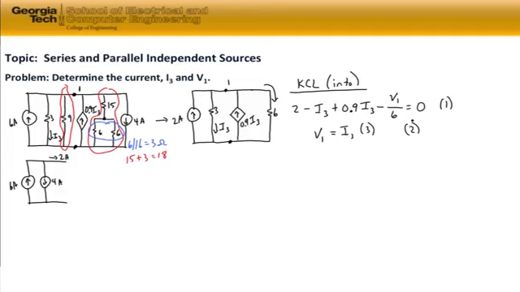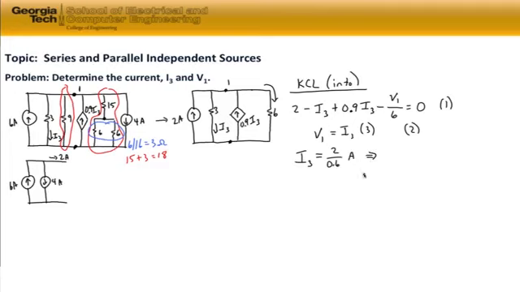Now we have two equations and two unknowns. If we use matrix analysis or elimination of the variables, however you want to solve the circuit, we find I sub 3 is equal to 2 divided by 0.6 amps. Once we know I sub 3, we can find V sub 1 using equation 2.